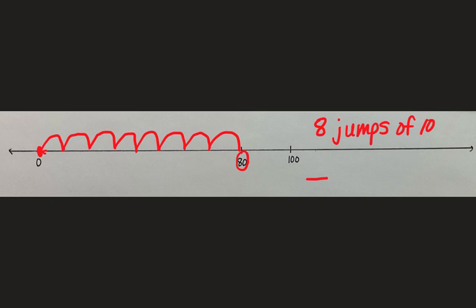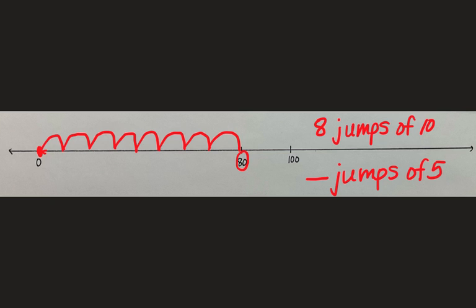How many jumps of 5 do you think it would take me to reach 80 if I wanted to make jumps of 5? I want you to think about the size of the jumps. Think about an adult walking with a small child.